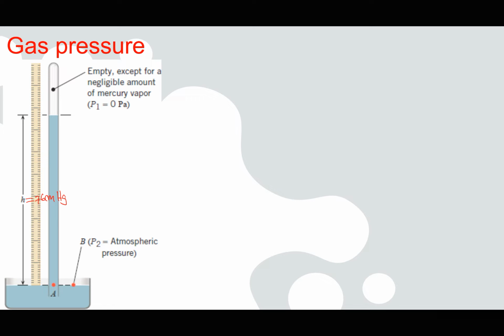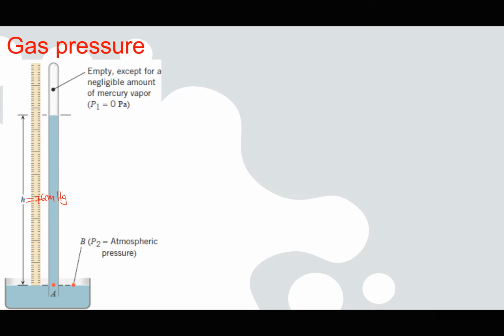And your teacher must have also mentioned that therefore atmospheric pressure was always 76 centimeters of mercury.